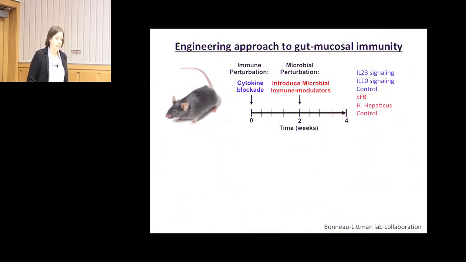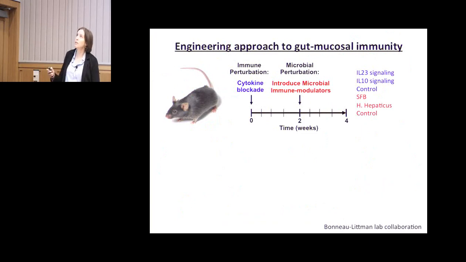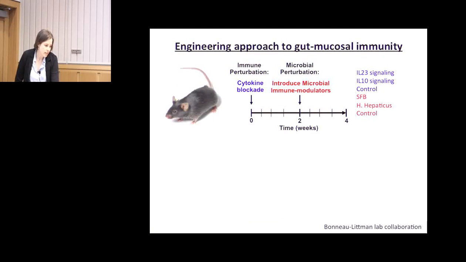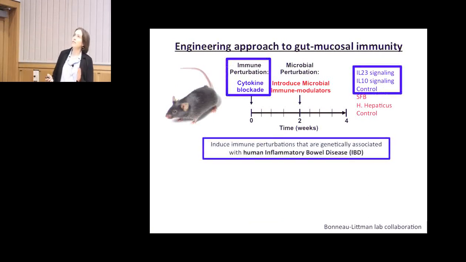the gut ecosystem. The design of the study involves a perturbation time course experiment, where at time 0, you induce a cytokine blockade, cutting off either IL-23 or IL-10 signaling. Both of these signaling pathways have previously been associated with human inflammatory bowel disease via genome-wide association studies.